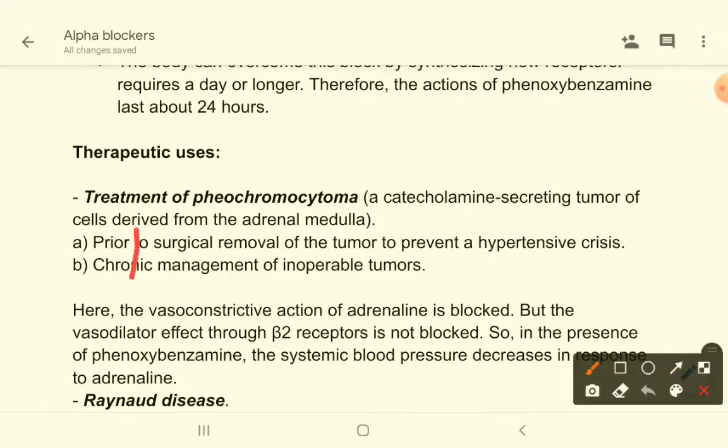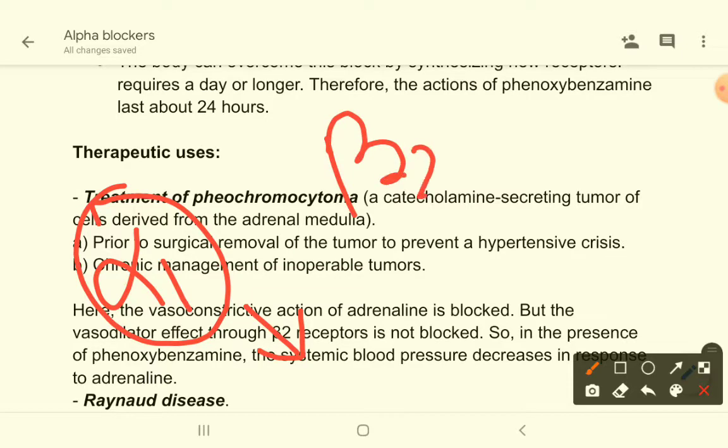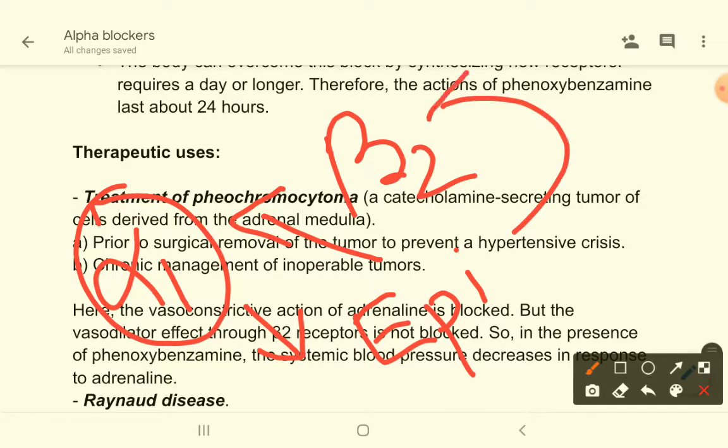So it will block the alpha 1 mediated vasoconstriction, so there will be vasodilation, but it cannot block the beta 2 mediated vasodilation. So epinephrine, what does it cause? It acts on both alpha 1 receptor and on beta 2 receptor on the blood vessels.